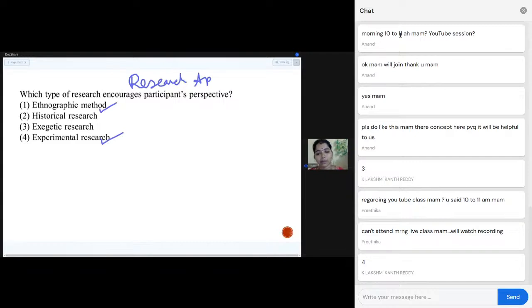In experiments, we cannot take the participant's perspective. We can take the participant's perspective only in terms of qualitative research.